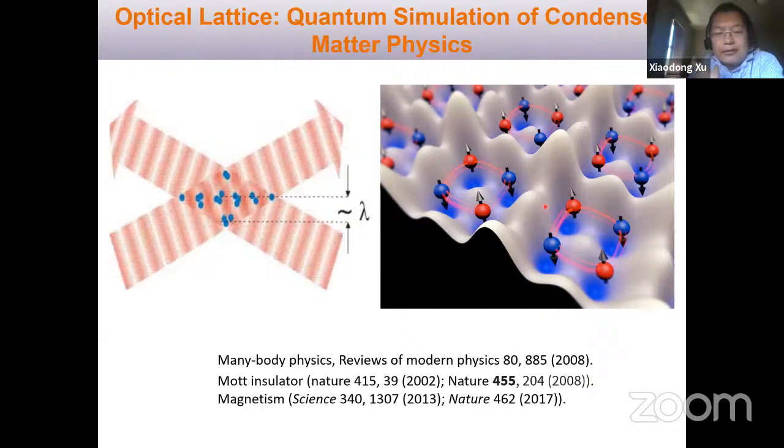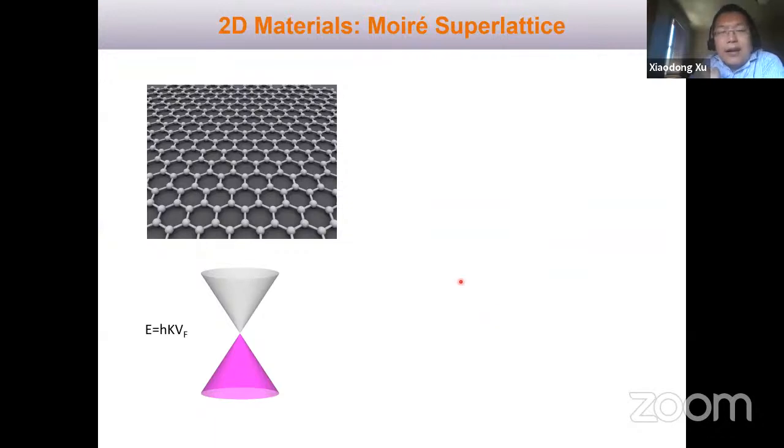So this is really nice, actually advanced. And the question I want to ask is, how can we do similar things in solid-state systems, and make real use of device control? The opportunity is provided by 2D materials. Here I give you an example: a single sheet of carbon atoms, graphene, has a hexagonal lattice structure.